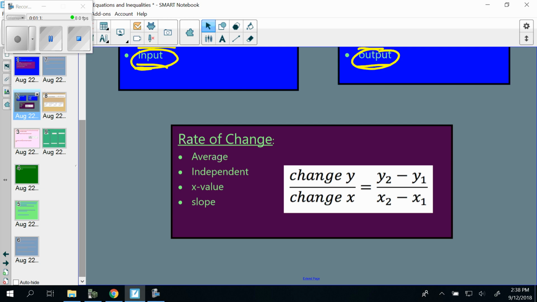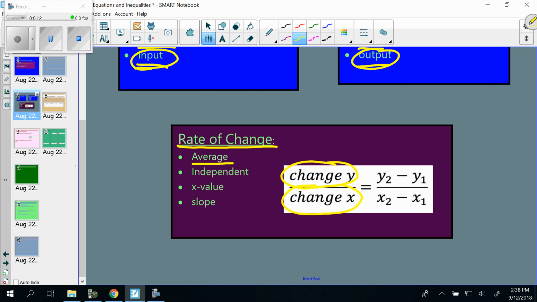When you want to find the average rate of change, that becomes your change in y over your change in x. So to find average rate of change, it's your change in y over change in x. If you have 2 points, then that's your difference in y's over your difference in x's.